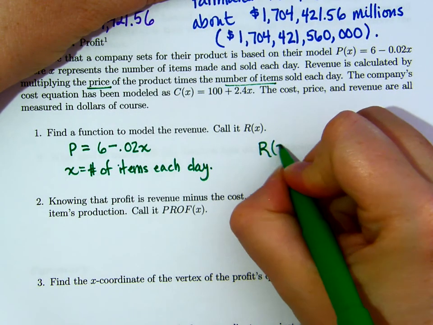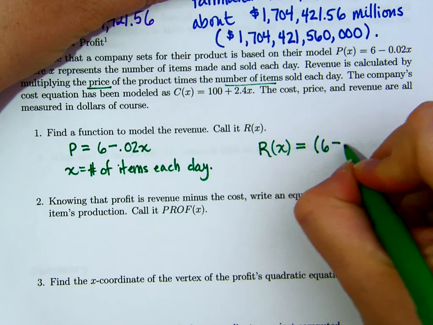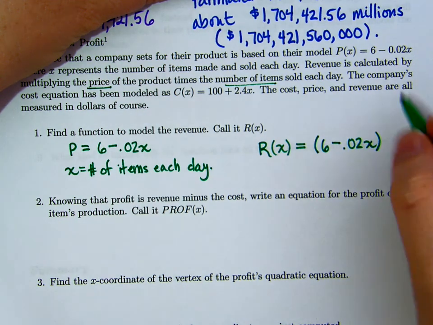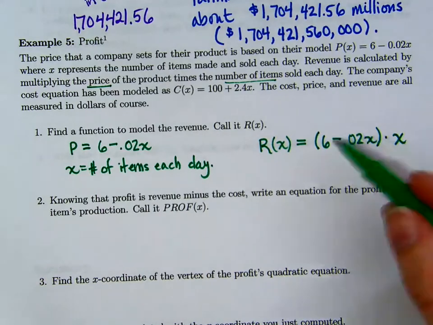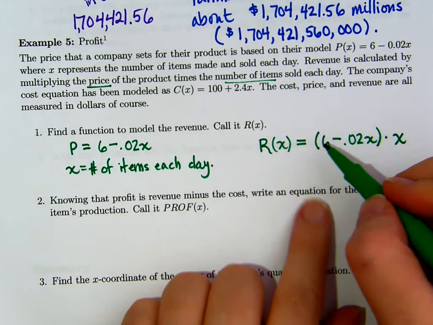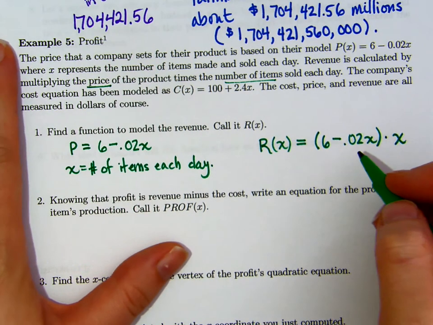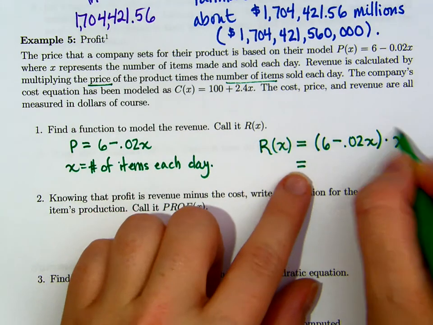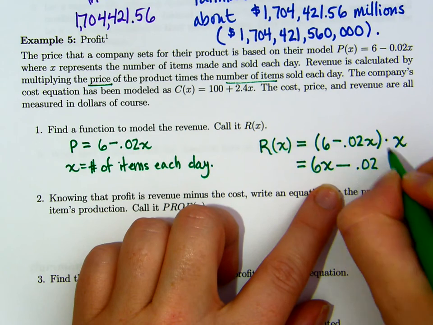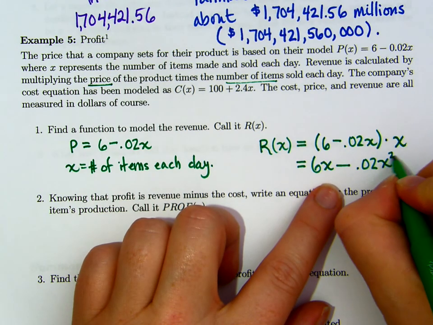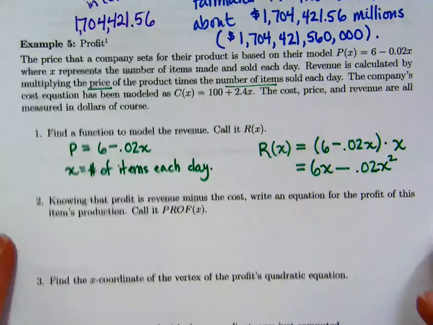Revenue is equal to 6 minus 0.02x, times x. We're going to have to distribute, because that would be 6 times x and negative 0.02 times x. So revenue is actually 6x minus 0.02, and x by x is x squared. Got it. There's our revenue.